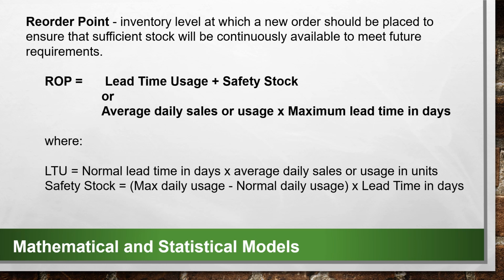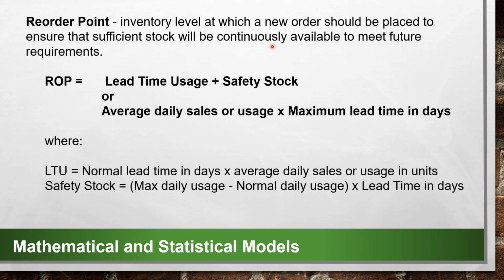Using the reorder level as a trigger for placing replenishment orders necessitates the continual review of inventory levels. The reorder level is the inventory level at which a new order should be placed to ensure that sufficient stock will be continuously available to meet future requirements.